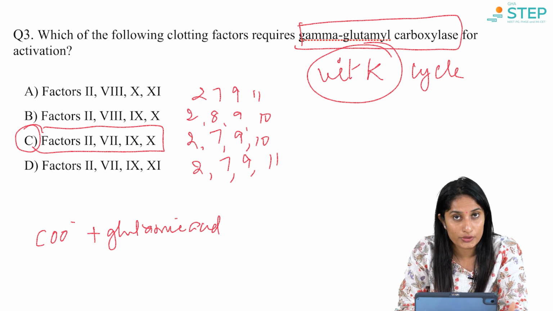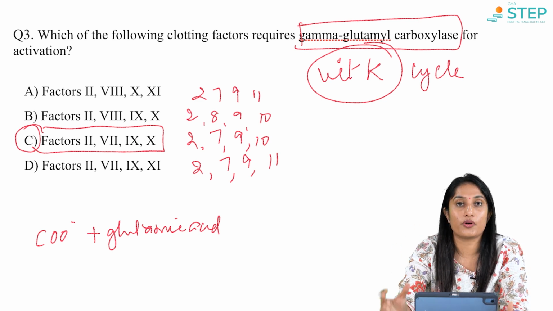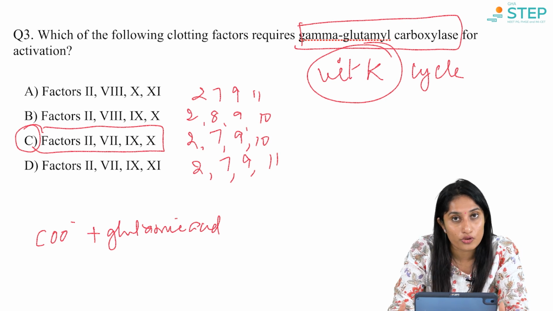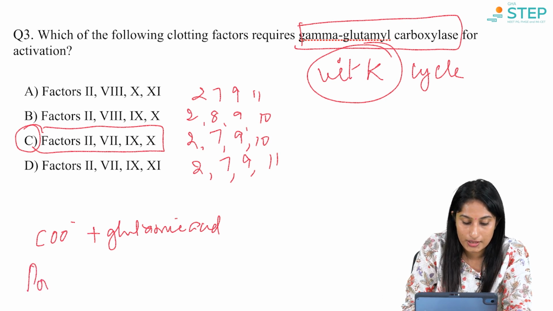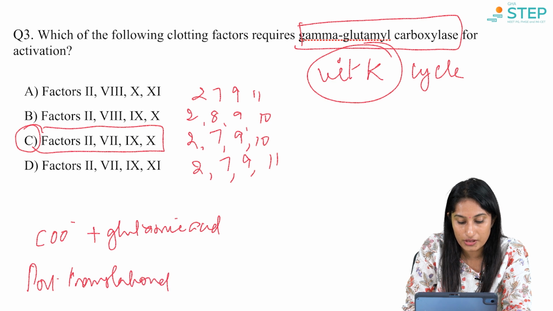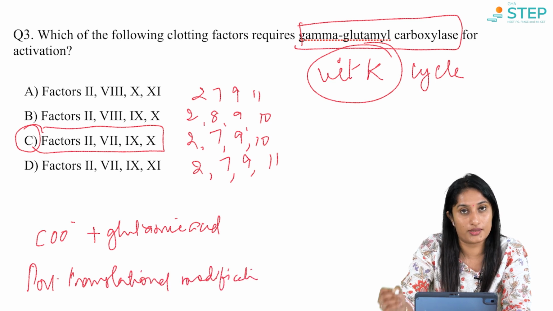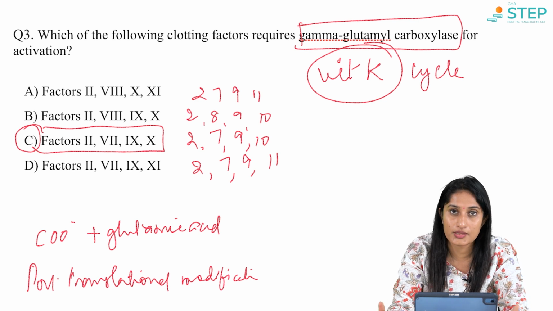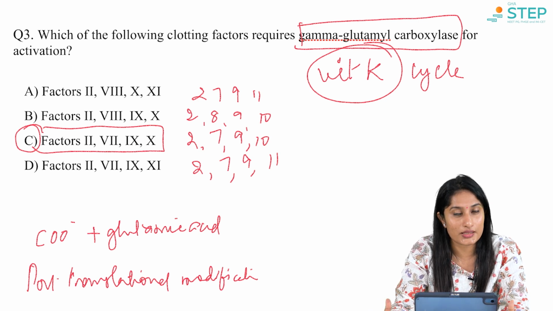So when the glutamic acid receives this carboxyl group, this is a kind of post-translational modification. Now, what is post-translational modification? We know that translation is the synthesis of proteins. Clotting factors are proteins. Now, once produced, to activate it, there has to be some kind of modification.